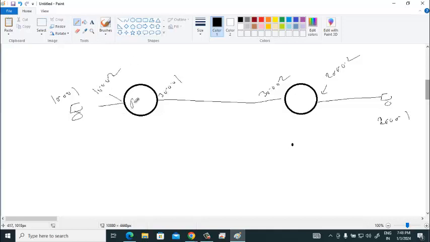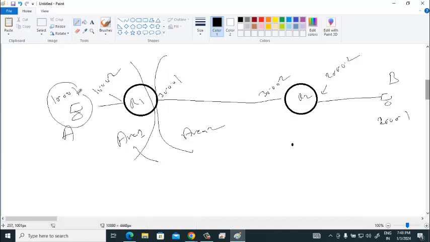Router 1 and router 2. Now, in case I configure area 1 here and area 2 here, this computer A cannot ping B. Why? Area 1 will not share this 10 network to area 2. It won't share.